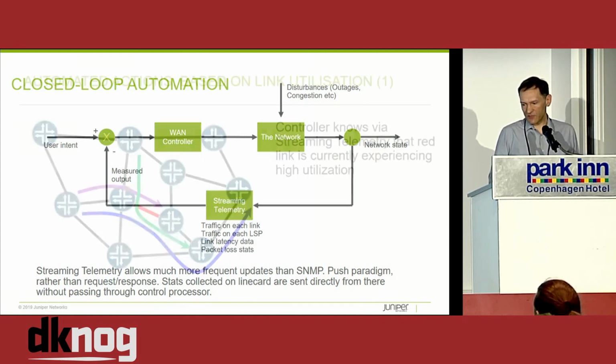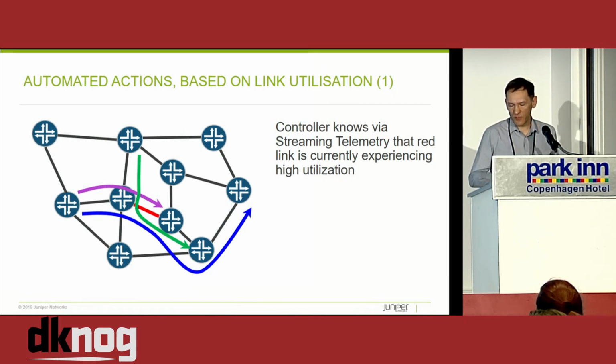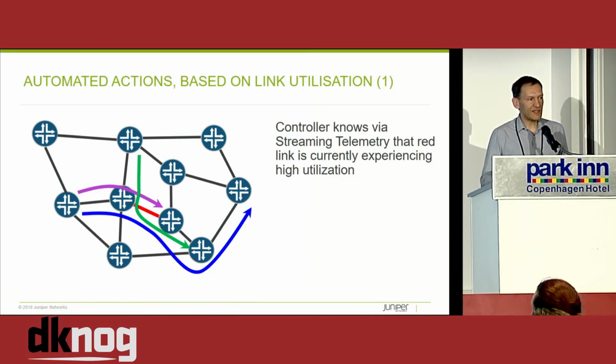Now, let's have a look at some use cases along these lines. This is one of my favorites, actually. So this is dealing with congestion automatically. And so the controller, as I say, is monitoring how much traffic is on each physical link. And it knows that that link coloured in red in the middle of the diagram is approaching congestion. Maybe it's getting towards a dangerous threshold.